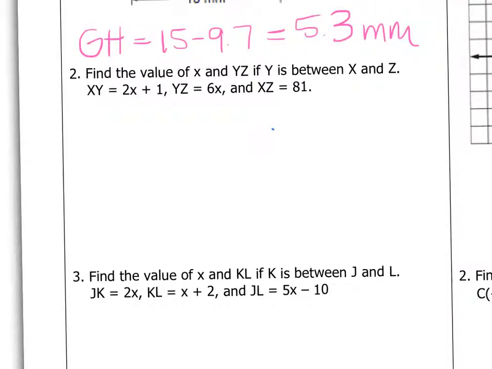Find the value of x and the length of YZ if Y is between X and Z. This is the first part that I want to deal with. When I see Y is between X and Z, first thing we should do is draw a picture, okay?